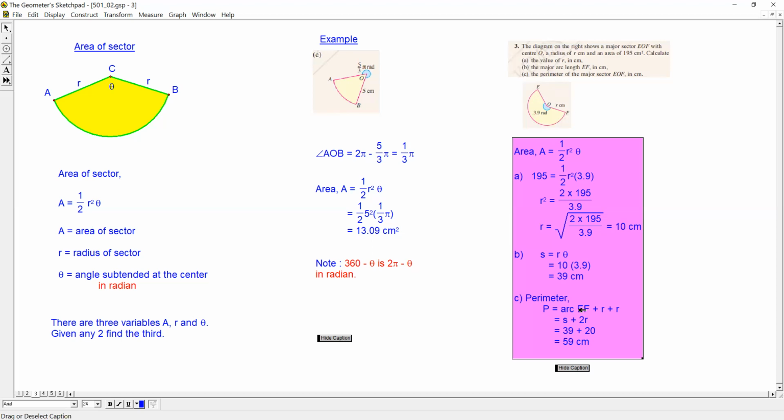So it's the arc length plus 2R. Arc length is S equals R theta, so you put 39 inside here. 2R is 2 times 10, 20. So add together, total 59.